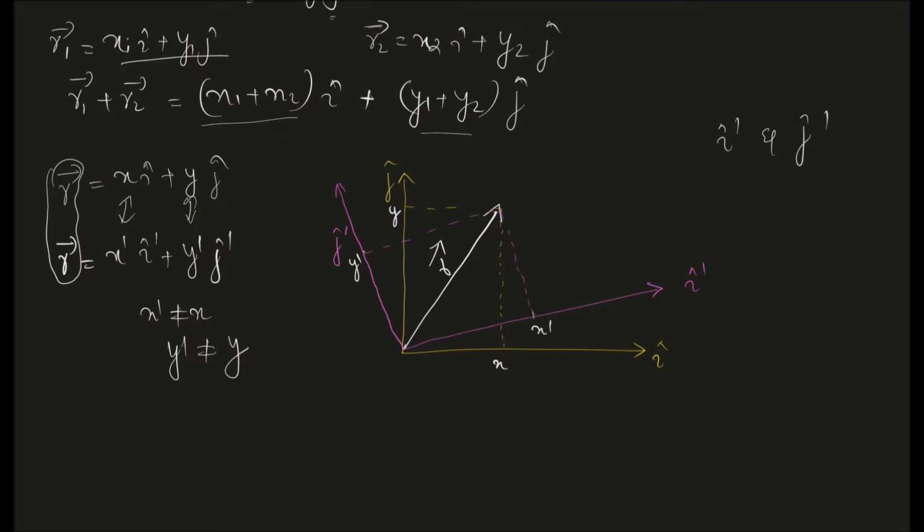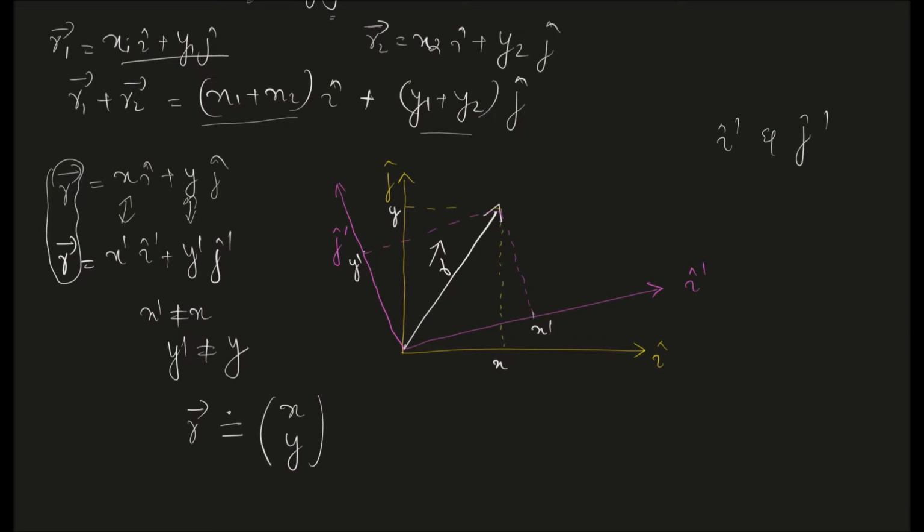Once a choice of basis vectors has been made, it is very convenient to work solely with the coordinates. There is a useful notation by which this can be done. In this notation, vector r is represented as x, y, the components of the vector.